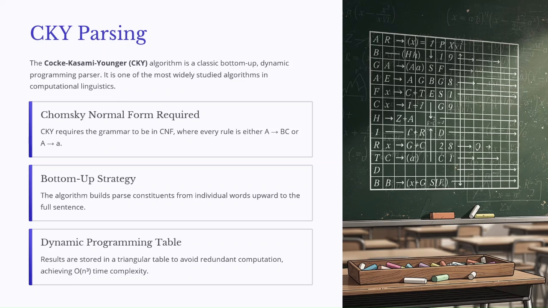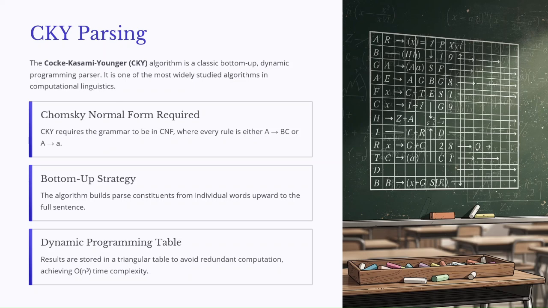In CKY parsing, the grammar content is there in the previous lecture. You can just go through that. First, the grammar rules should be in CNF. CNF is Chomsky normal form. Those who have studied compiler design will know about the Chomsky normal form.